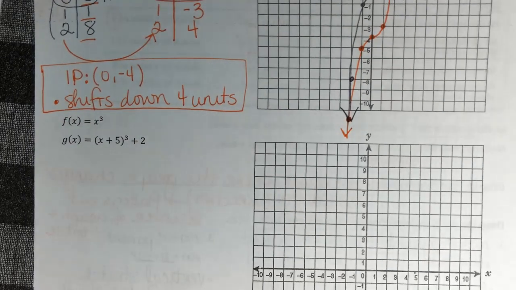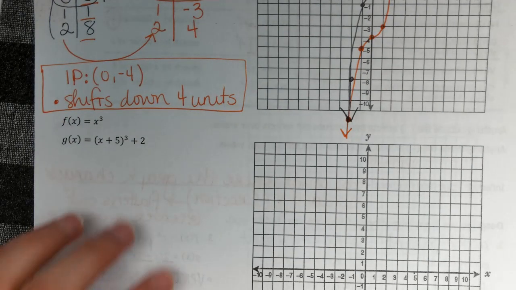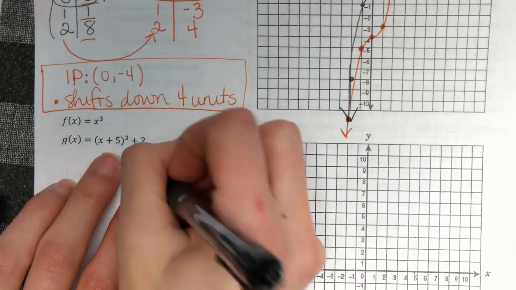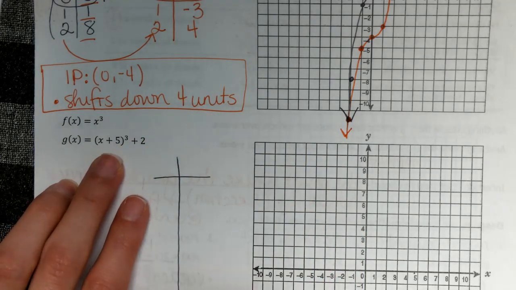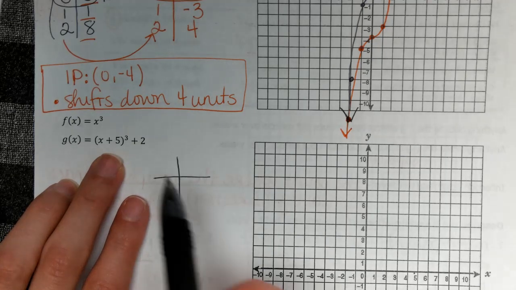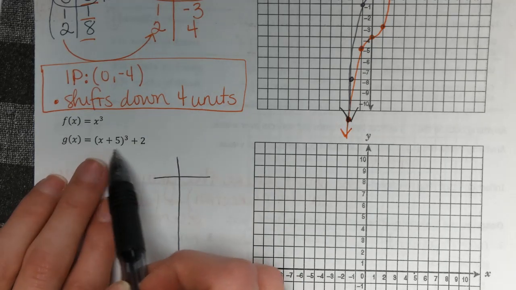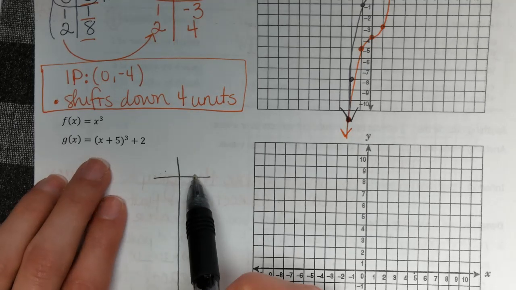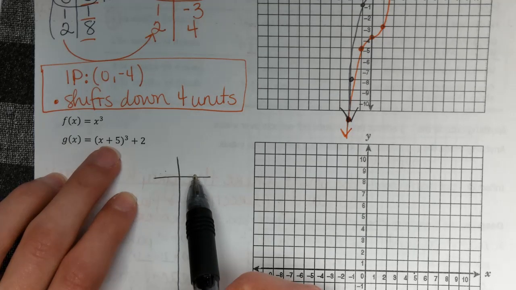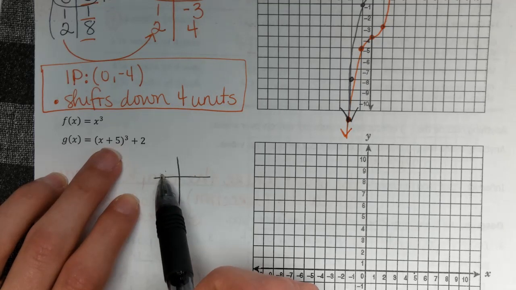Okay, I want to give y'all time to do your worksheet, so we're going to just build. This one is just translations. I want to hit a stretch or shrink first before we move on, but I think y'all can handle translations, but I want to build the transformation table. So if I had x plus 5 cubed plus 2, what would my header be for my x?